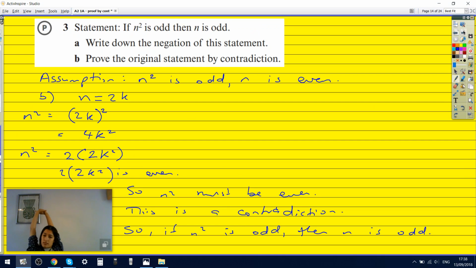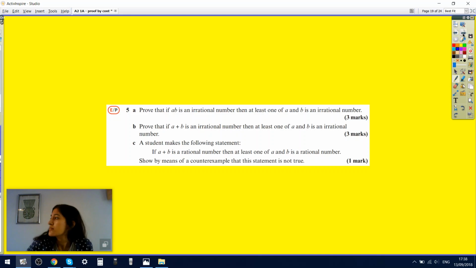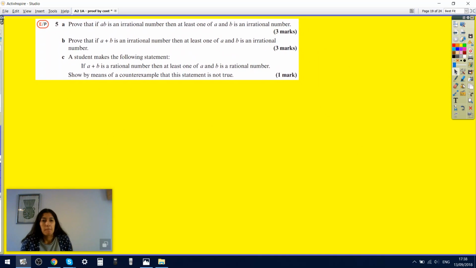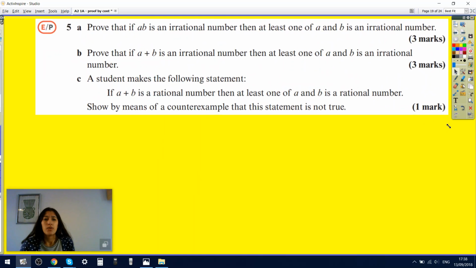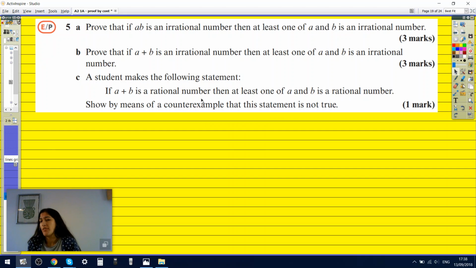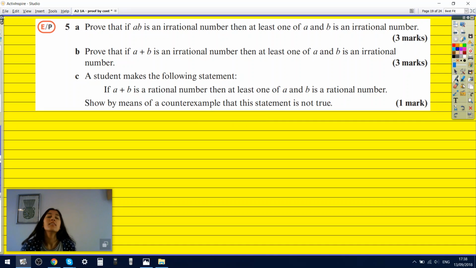Let's see. Okay, exam question. Which one? All of them. Prove that if AB is an irrational number, then at least one of A and B is an irrational number.